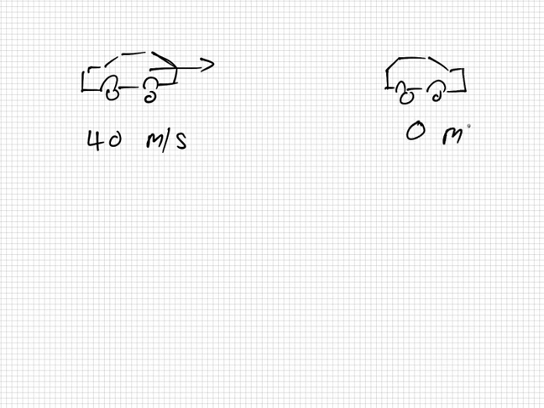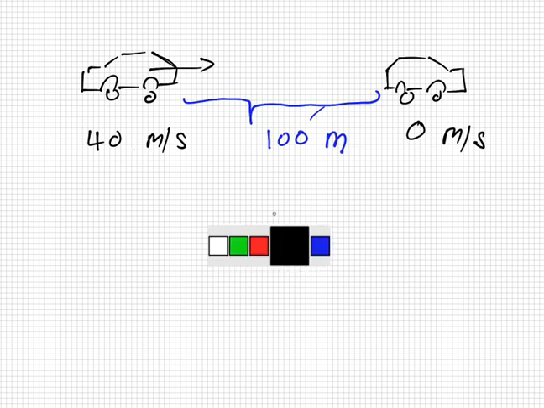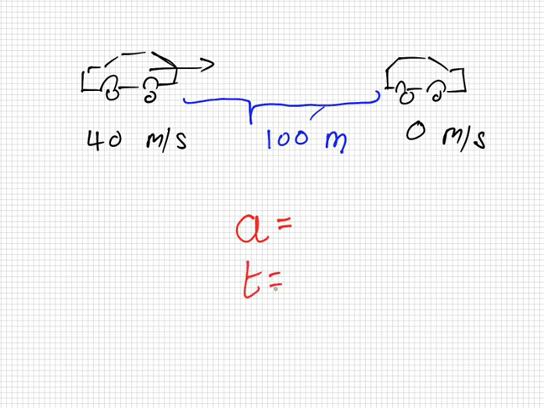So here is 0 meters per second, okay? And the distance on the ground, let's say it's 100 meters. You can use this information to tell me what I'd like to know, which is the acceleration. Now, before you start, should the A be positive or negative? Why? Slowing down. So I would like you to find the A and the T, please. I want everybody to do this for me.